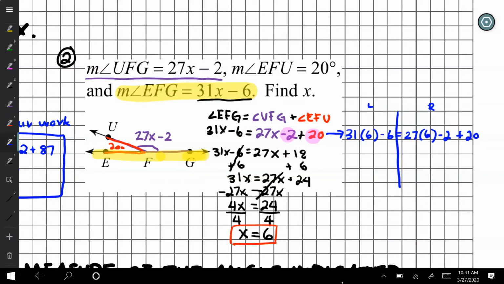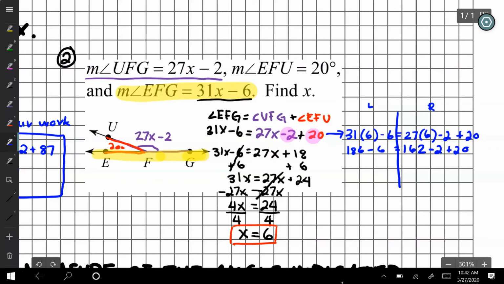Alright, so we're going to go 31 times 6 gives me 186 minus 6, and then 27 times 6 is 162 minus 2 plus 20.